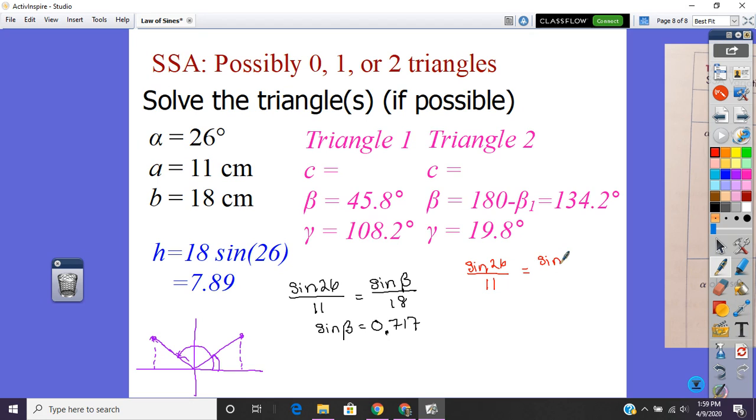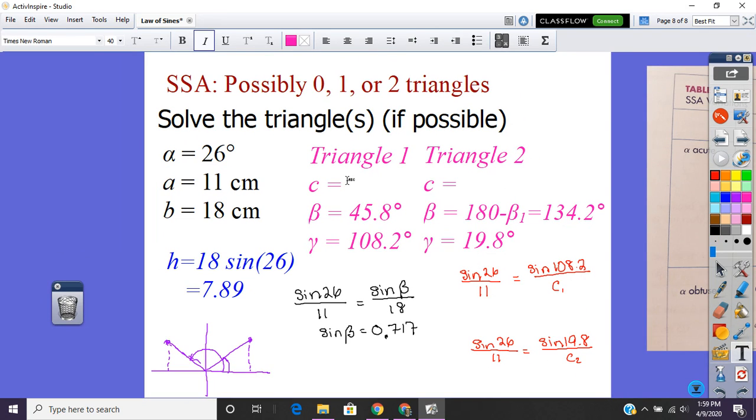So I'm going to have sine of 108.2 over my C in triangle 1. Then I'm going to use sine of 26 degrees over 11 again. But now it's going to be sine of 19.8 over my C in triangle 2. And you're going to go through and actually do your cross multiplying, your calculations. You'll figure these out. We've been doing them for a while now.